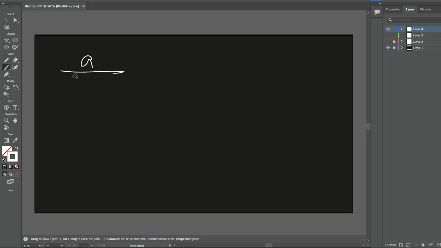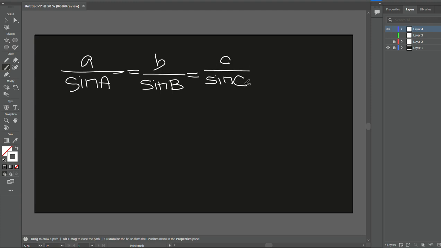What is sine law? Sine law is used on any triangle that is greater than 90 degrees or less than.